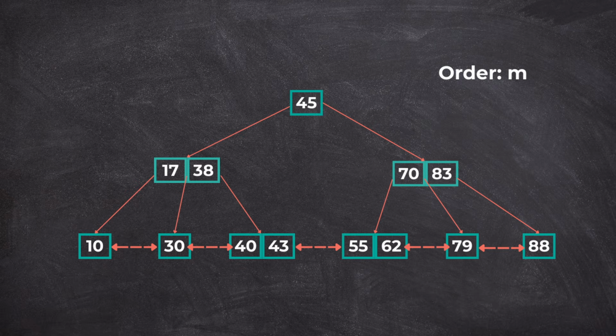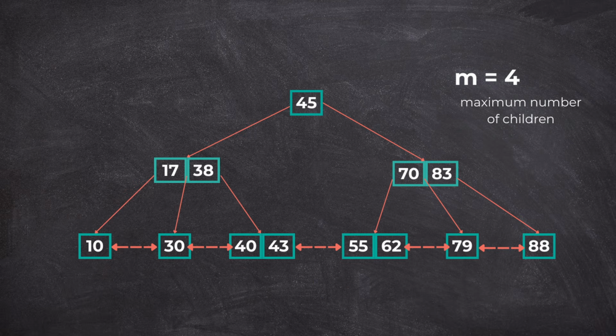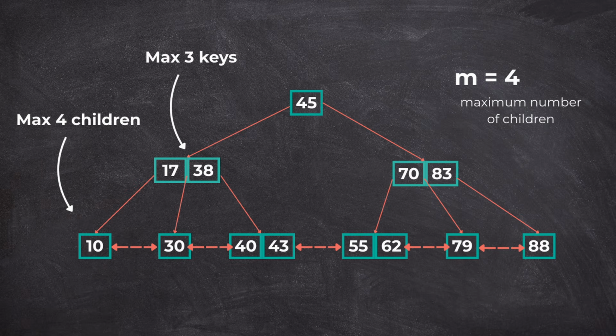Now, every B+ tree has what we call an order, usually written as M. This defines the maximum number of children an internal node can have. For example, in an order 4 B+ tree, each internal node can have at most 4 children and at most 3 keys. Also, except for the root, all nodes must be at least half full. Here's a key property.